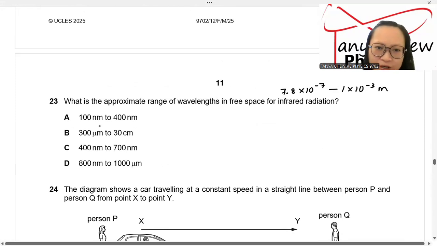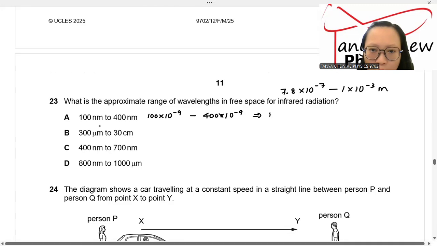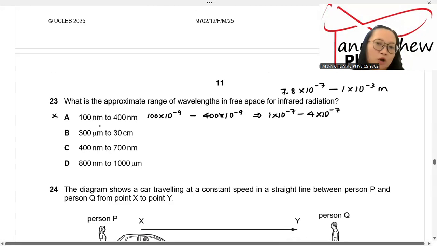First one is 100 nanometer to 400 nanometer, times 10 to the power negative 9. So you get 1 times 10 to the power of negative 7 to 4 times 10 to the power negative 7. This is not in the range of infrared.